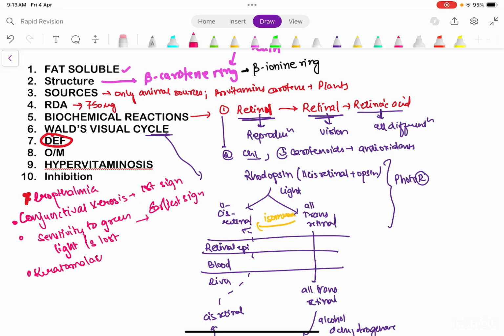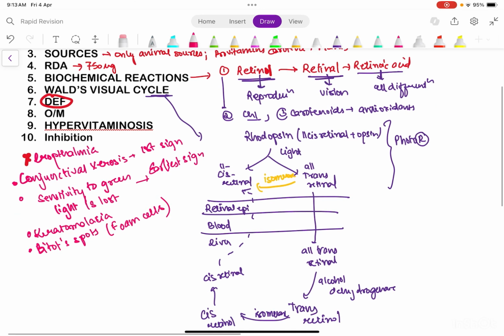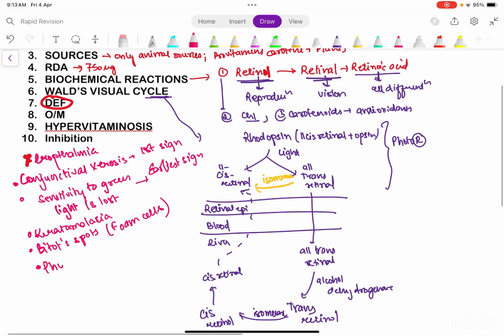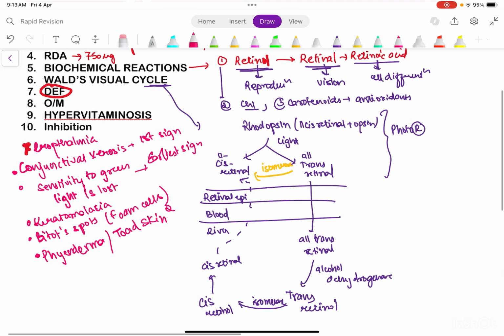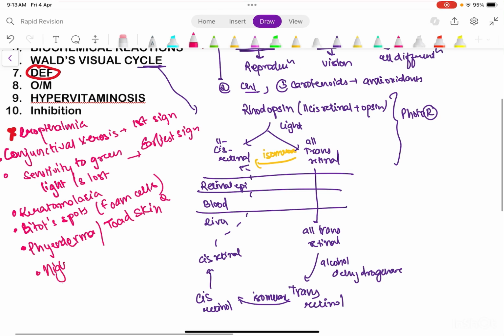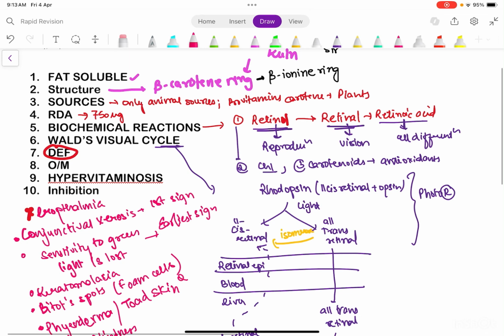Then we have keratomalacia, then Bitot spots, white plaques that are formed in the conjunctiva. Now these are also called foam cells. Then very important, phrynoderma, which is also called toad skin. Now this is also asked in exams. Then the one that I forgot is night blindness.